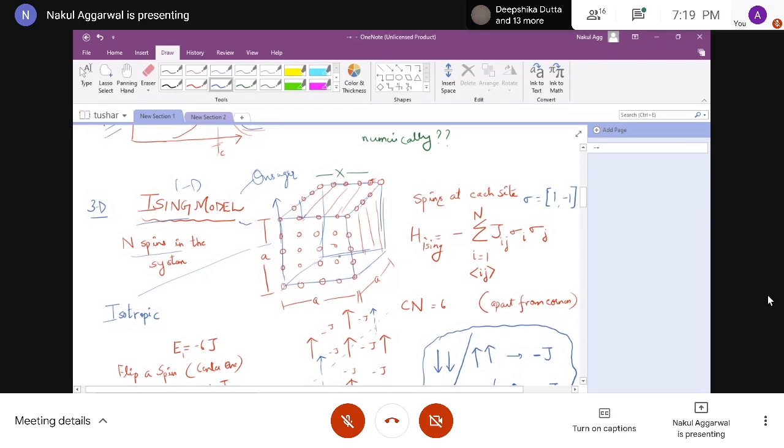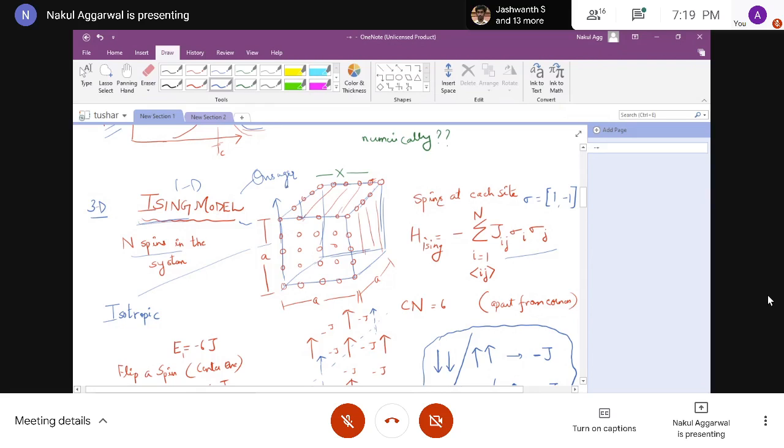Remember, we are trying to model our ferromagnetic state where there are interactions between spins. This is the Hamiltonian that was proposed by Ising, but originally it was for one dimension. Later on, obviously, a lot of work has been done, but the name stuck.